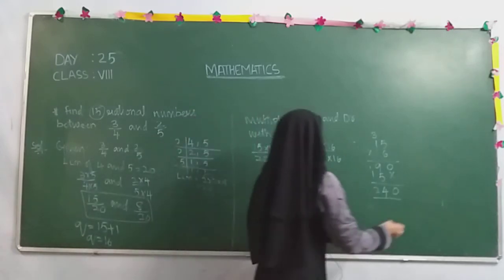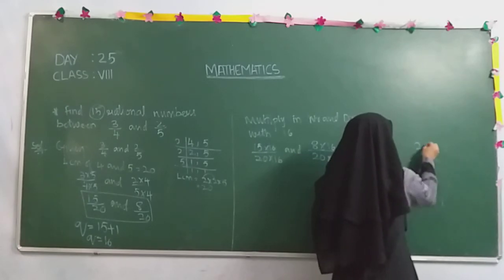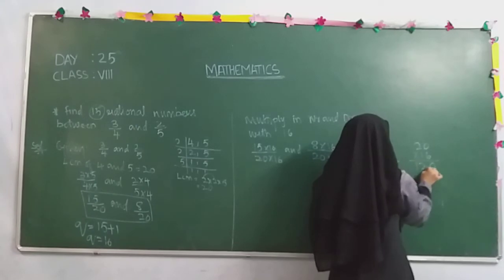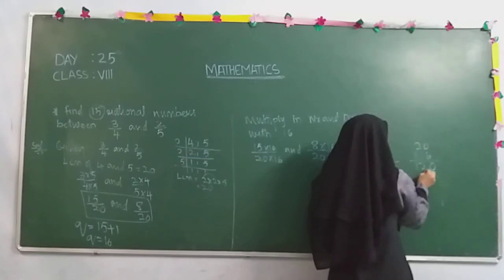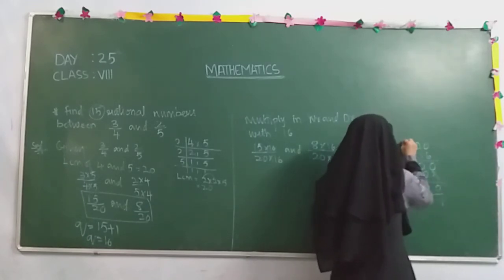Okay. Simultaneously 20 into 16. 6 times 0, 0. 6 times 2, 12. 1 times 0, 0. 1 times 2, 2. 0, 2, 3. 320.